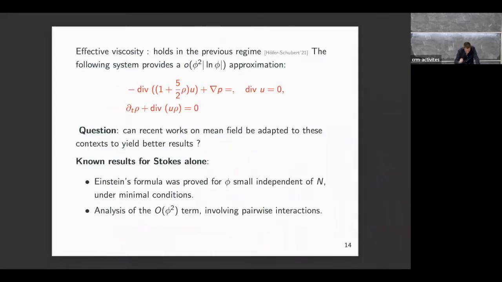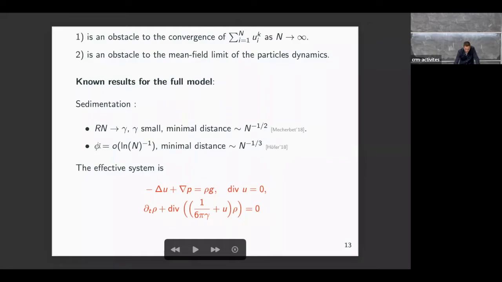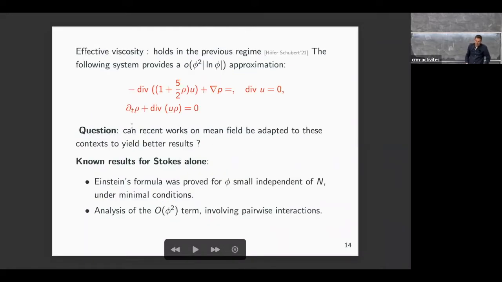Regarding the effective viscosity problem, you can again derive a coupled system under this set of assumptions on phi and on the minimal distance. I really think it would be interesting to investigate these kinds of problems more, because we know from the lectures of Pierre-Emmanuel that around mean field limits there have been breakthrough results.